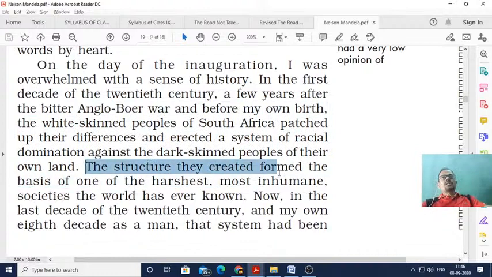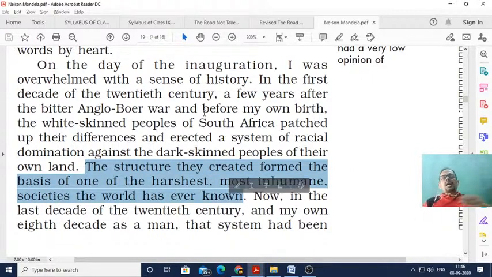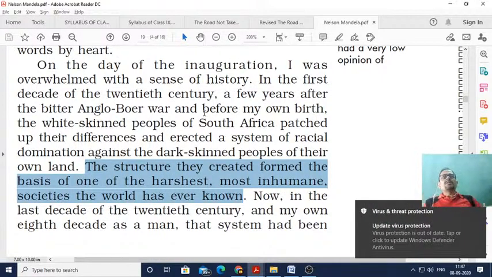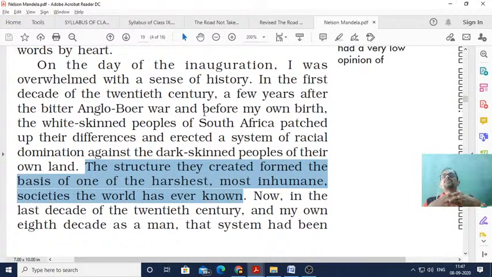The structure they created formed the basis of one of the harshest, most inhuman societies the world has ever seen. So the structure of government that the white people created was a very harsh, very cruel structure. It was the most inhuman structure, because this discriminatory political setup was really very much unfair. On the one hand, the white community was thriving and progressing.